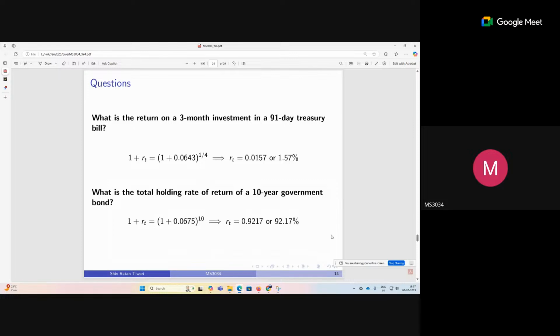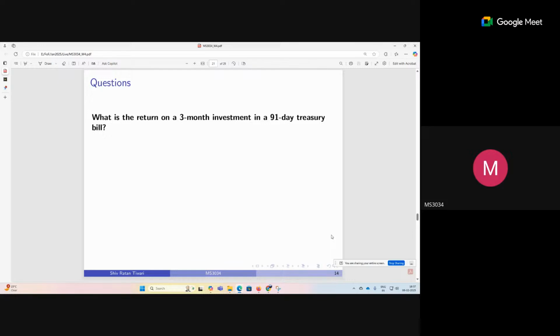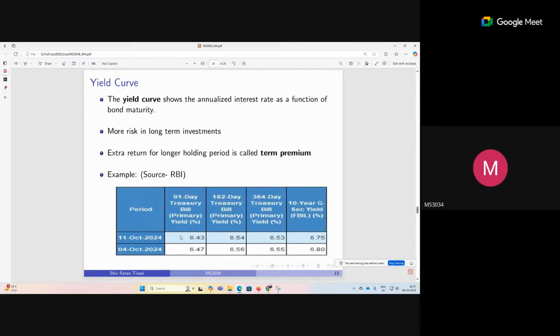So if you invest 100 rupees in a 10-year government bond, then after 10 years that bond will give you 192.17 rupees, if you invest on the given date, which is 11th October 2024.